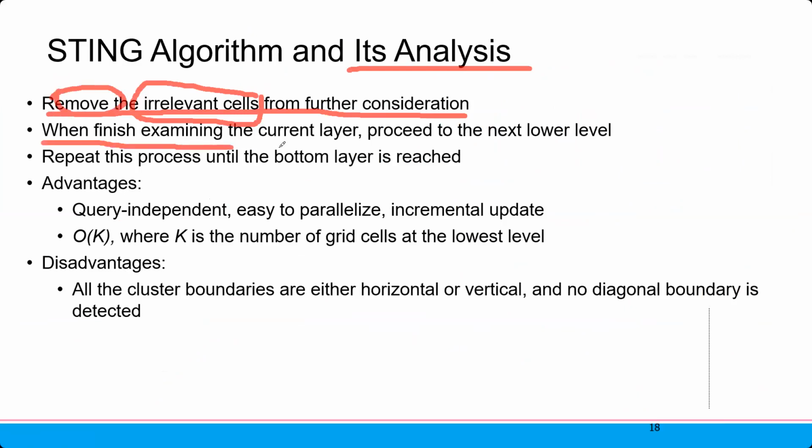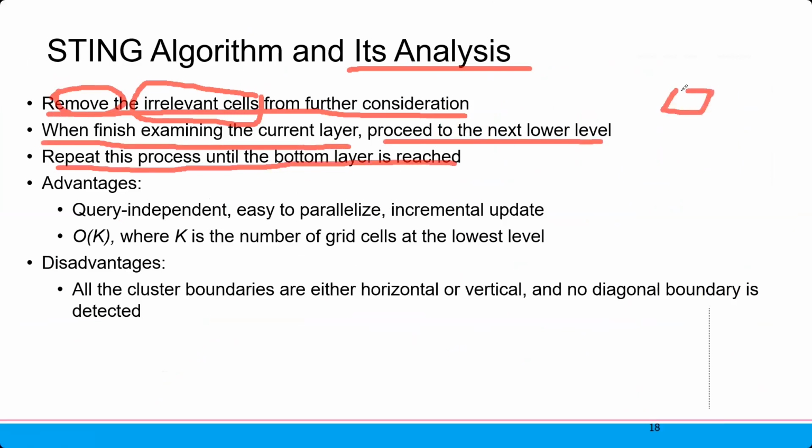When finished examining the current layer, proceed to the next lower level. Repeat this process until the bottom layer is reached.